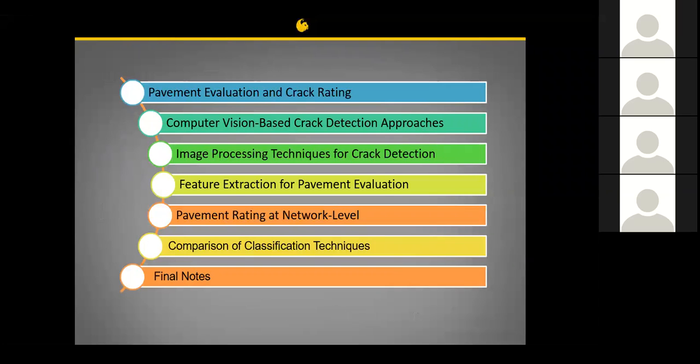I divided my material into different categories and sections. So I thought maybe it's a good start with the importance of the problem, why pavement evaluation is important for us, and a general overview on the structure of the methods that have been proposed to automate this procedure, which usually includes an image processing part, feature extraction and feature evaluation parts, and of course classification, and at the end the rating of the pavement, which is very important.